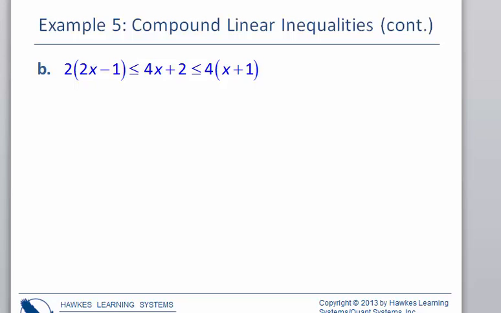So again, we're going to start by doing the distributive property and distributing this 2 through the parenthesis on the left and the 4 through the parenthesis on the right. So 2 times 2x is 4x. 2 times -1 is -2. We'll leave the middle part alone. On the right-hand side, distributing, we're going to have 4 times x is 4x, and 4 times 1 is 4.